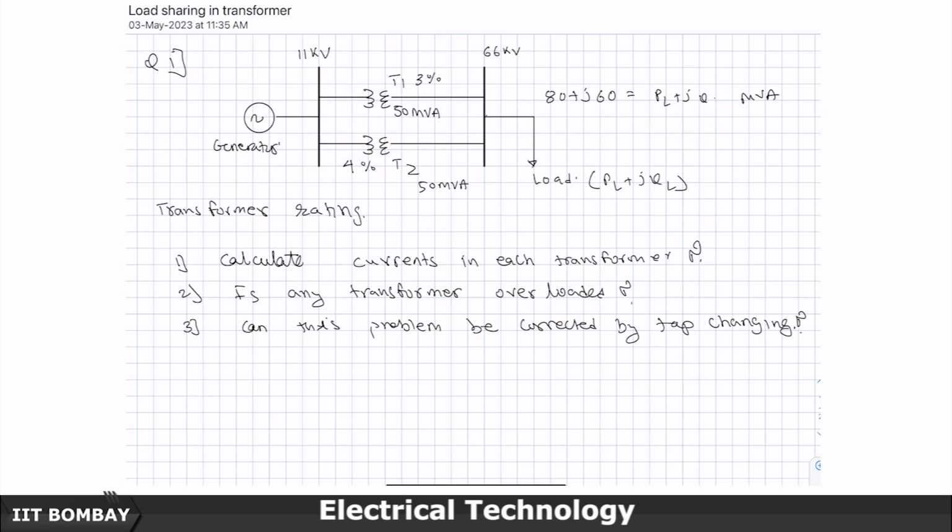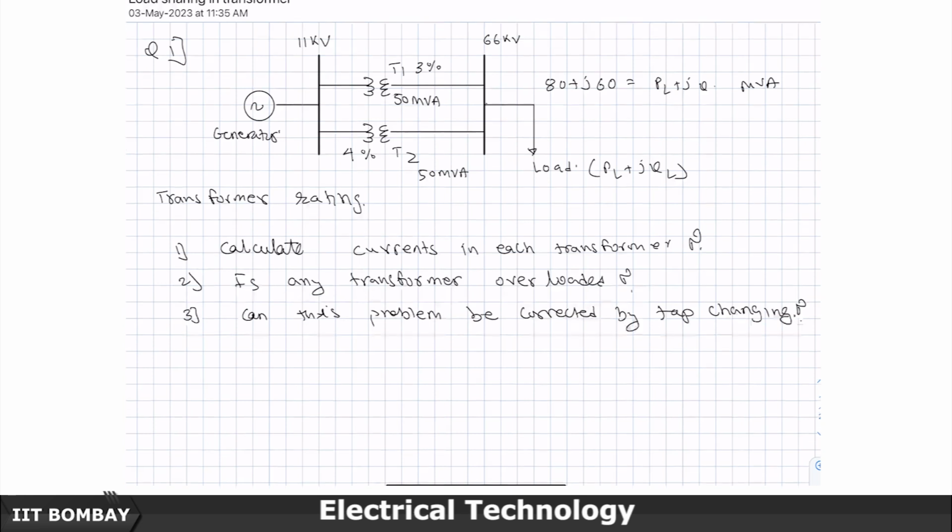But now, in this particular case, one transformer has a slightly lower impedance, shown here as 3%, and another has a slightly higher impedance, shown as 4%. Then the question is, will the two transformers be loaded equally, or will they have different loadings, and if so, is any transformer overloaded?